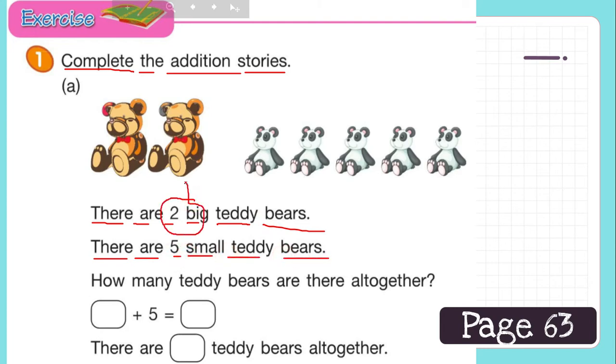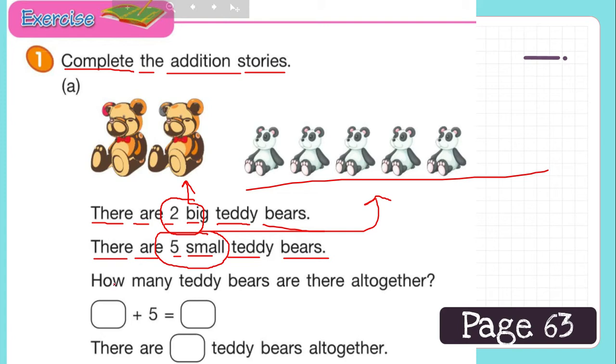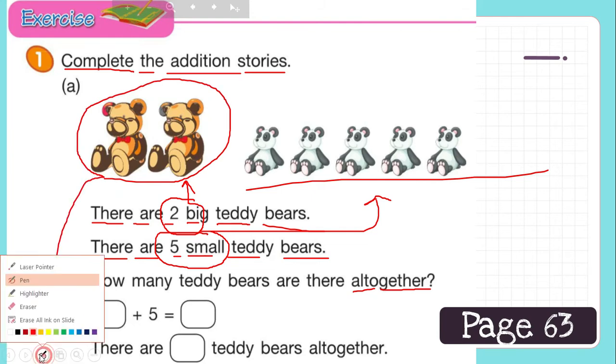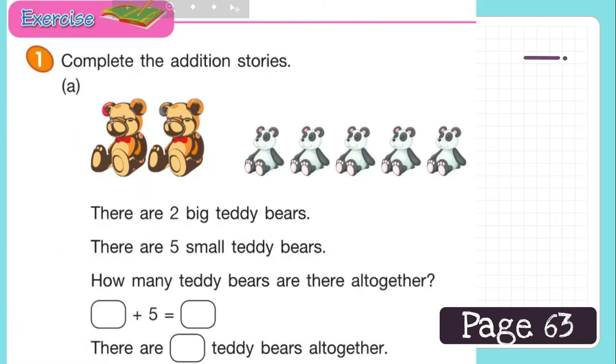This one, 2 big and 5 small teddy bears. Okay? How many teddy bears are there all together? Okay, we're going to write the 2 big teddy bears here, this one, because this is the missing number.